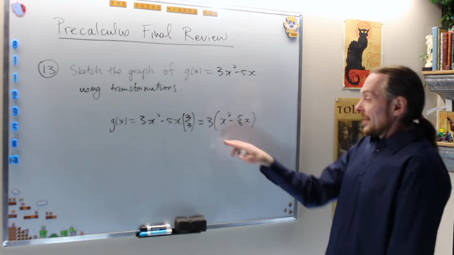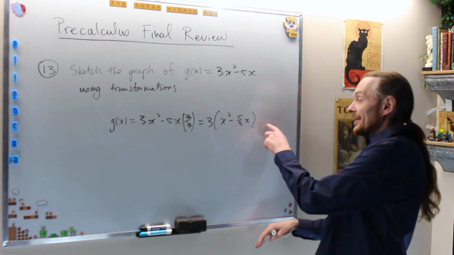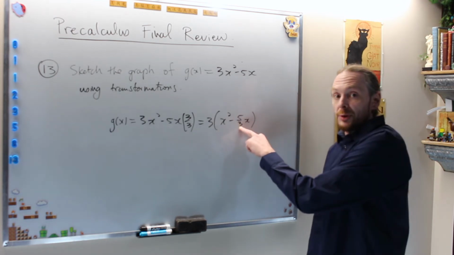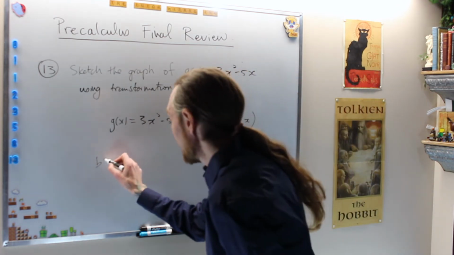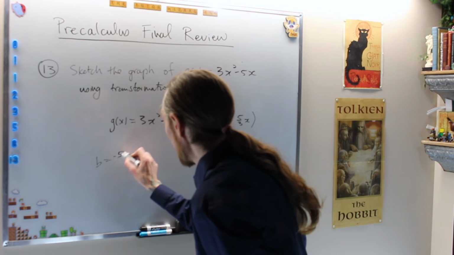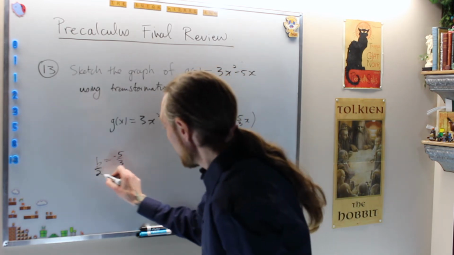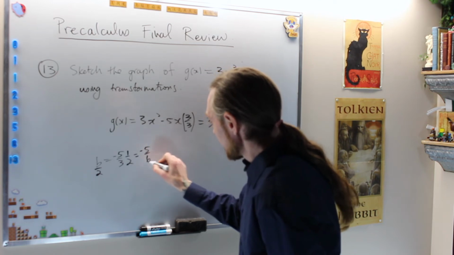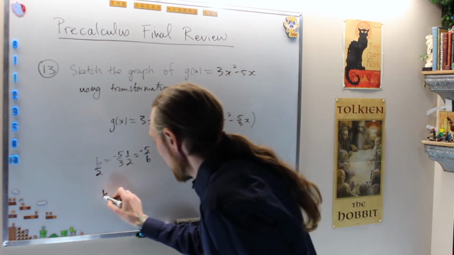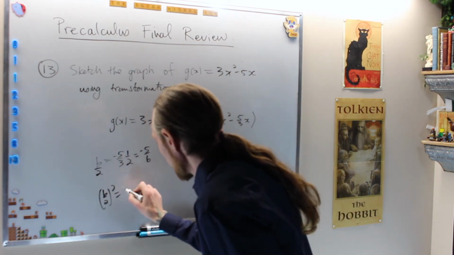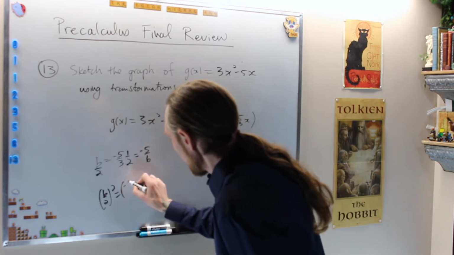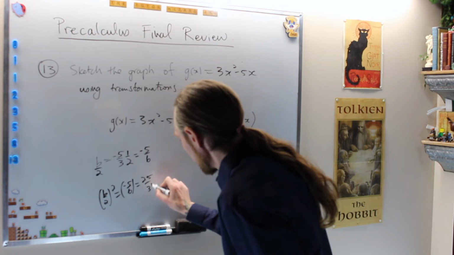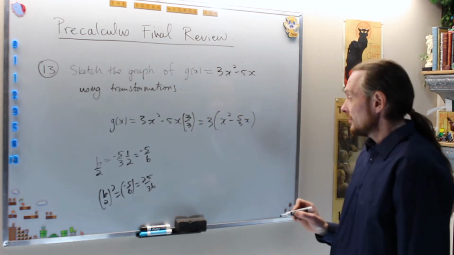Once I have that, what do I need to complete the square? I need b over 2 squared. So b over 2 is negative 5 over 3 times 1/2, which is negative 5 over 6. So b over 2 squared is negative 5 over 6 squared, which is 25 over 36.